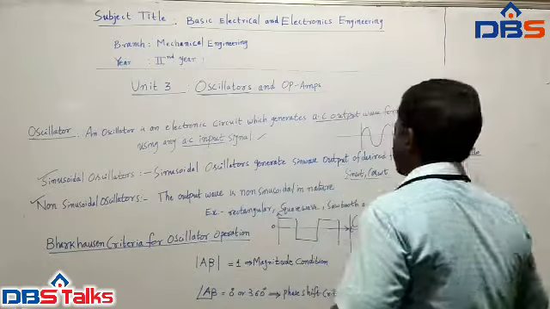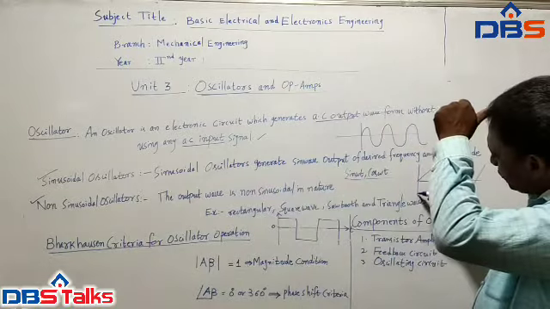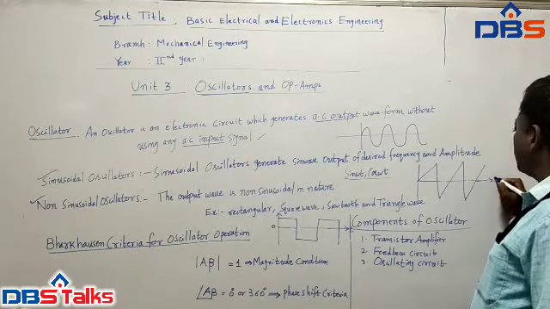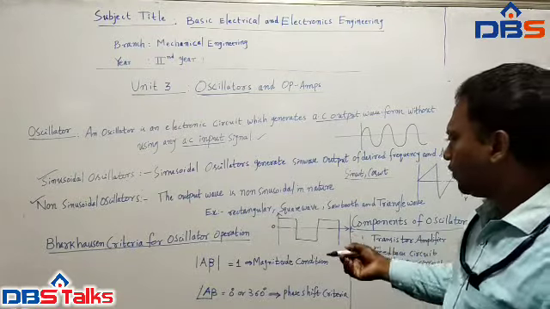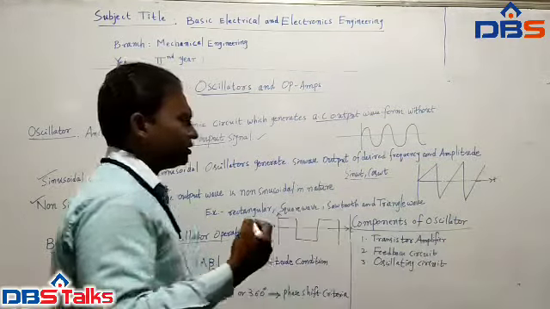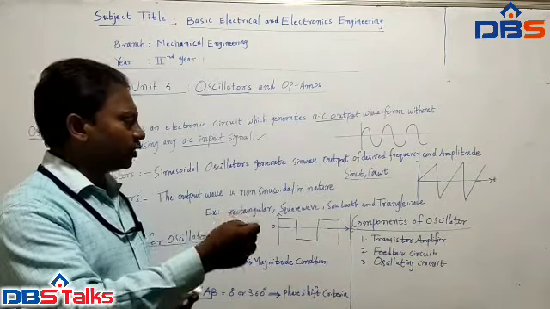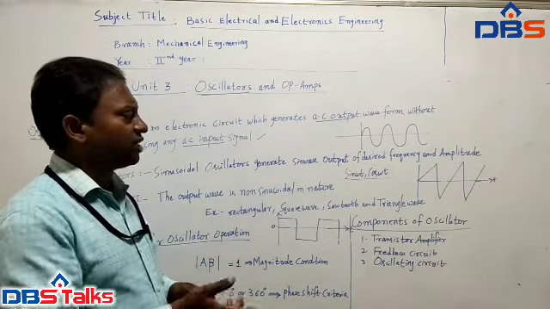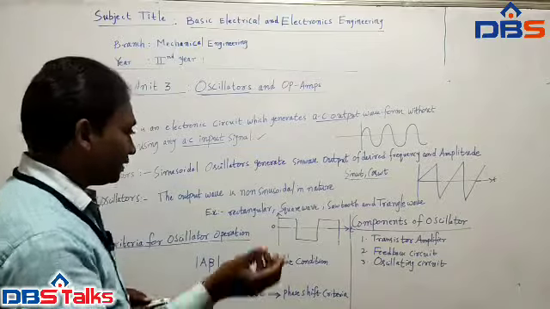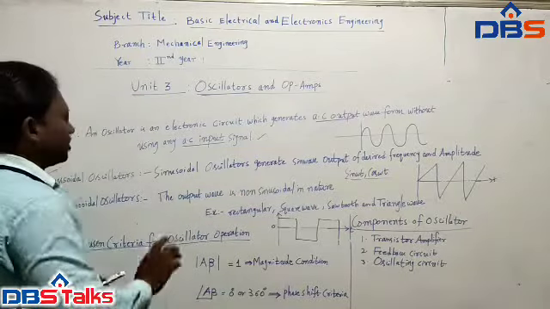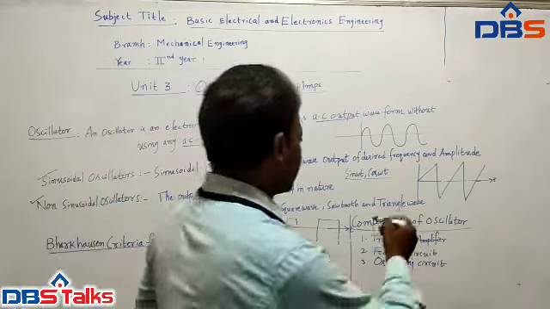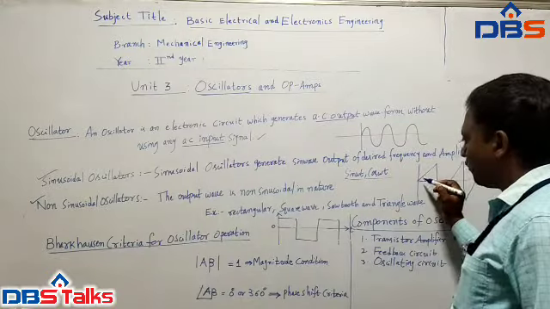It is like the tooth of a saw, and that's why it is called a sawtooth waveform. Like that, rectangular, triangular. The shape can be anything. If the output of the oscillator is non-sinusoidal in nature, then that type of oscillator is called a non-sinusoidal oscillator.